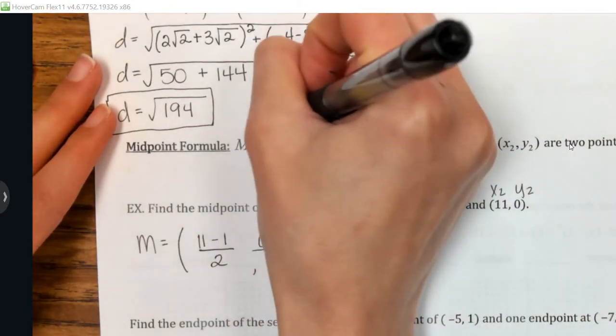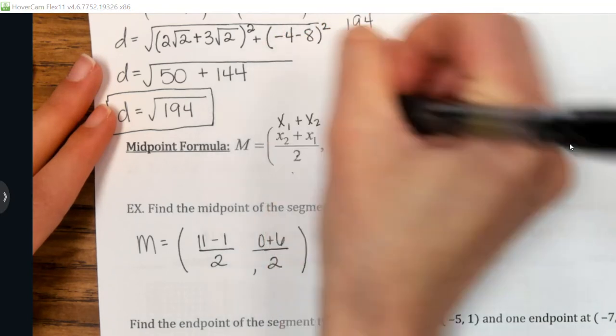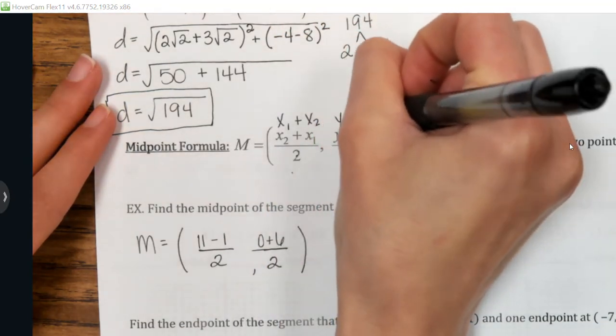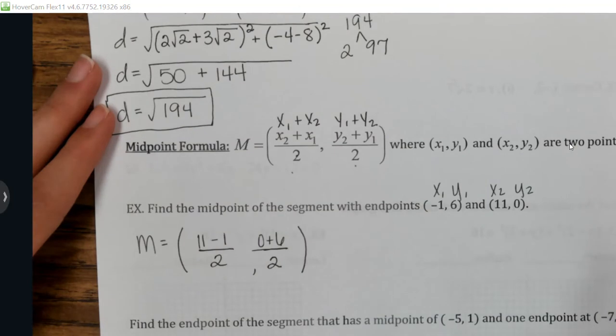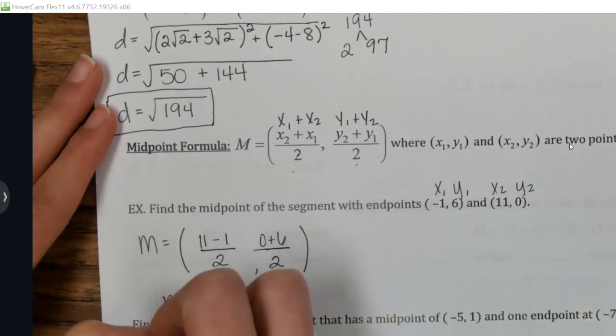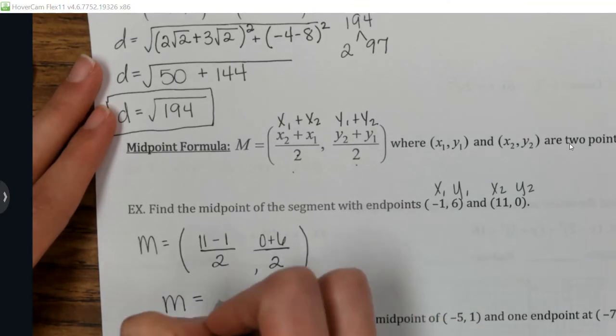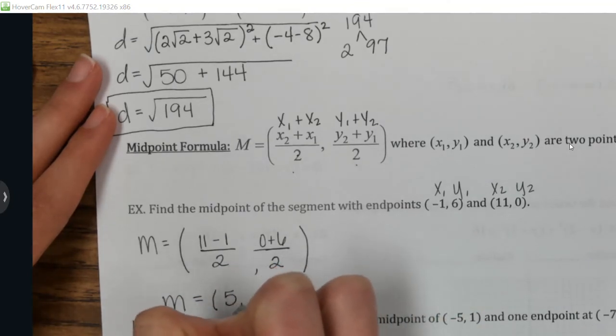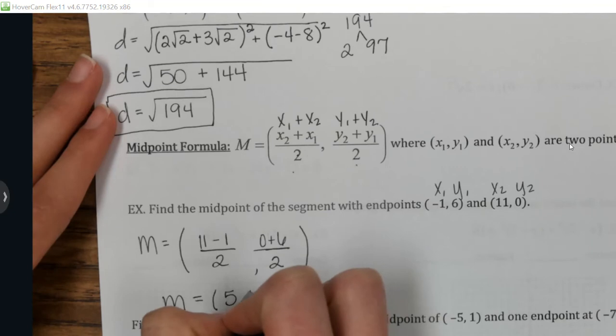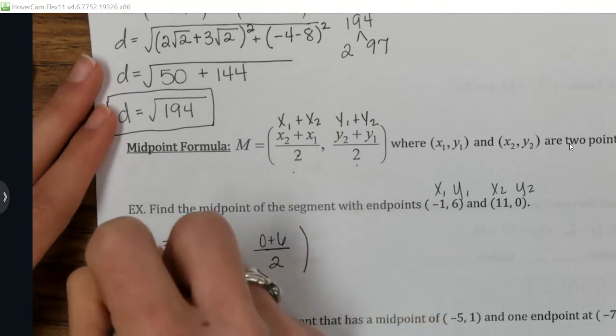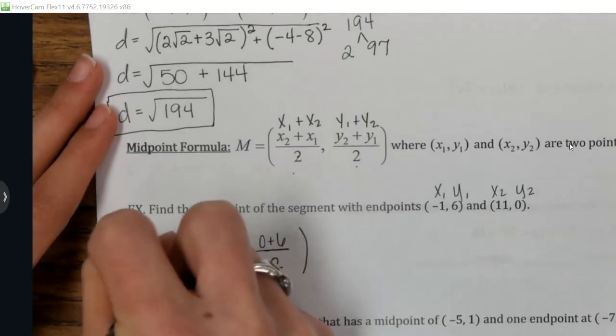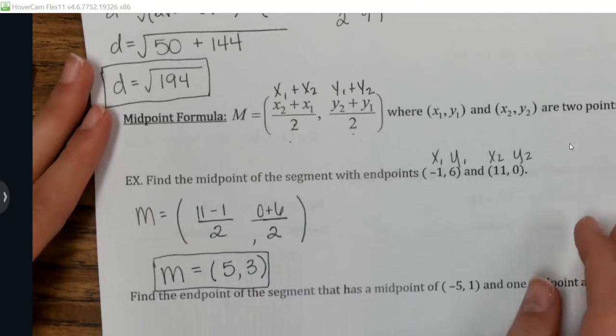Yes. x1 plus x2, y1 plus y2, it's all the same, so it really doesn't matter what order you're doing it in. Okay? So my midpoint here, 11 minus 1 is 10. 10 divided by 2 is 5. 6 divided by 2 is 3. M represents the midpoint.